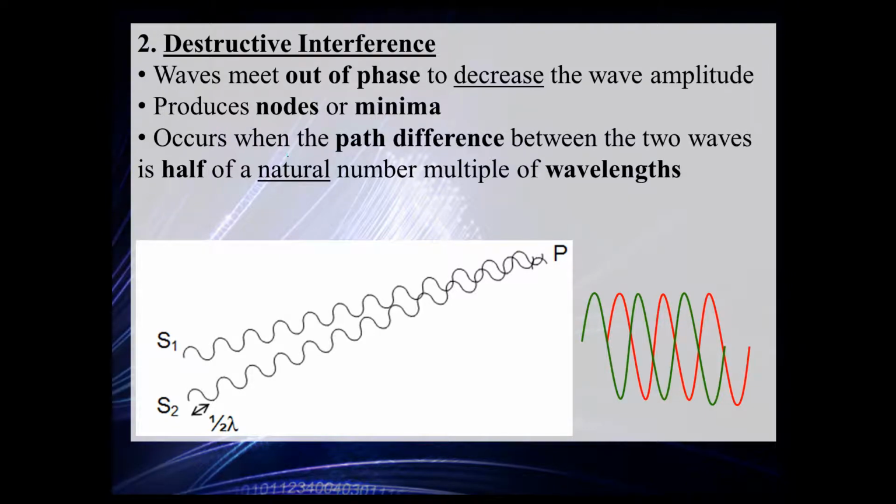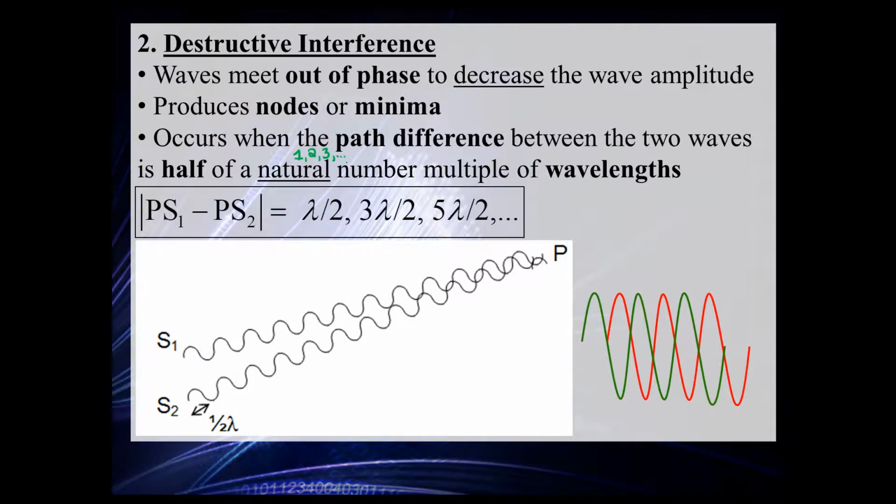I use the word natural numbers because I believe when you say a whole number, it's inclusive of 0, whereas natural numbers start at 1 and just go up by whole numbers, like 1, 2, 3, etc. In terms of this equation that describes when we could get destructive interference, we would have the path difference, PS1 minus PS2, equal to some kind of half natural number multiple of the wavelength.